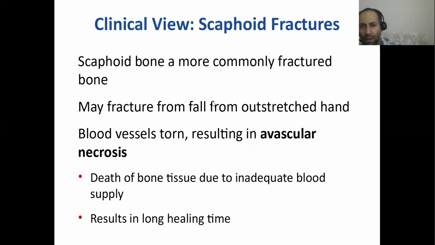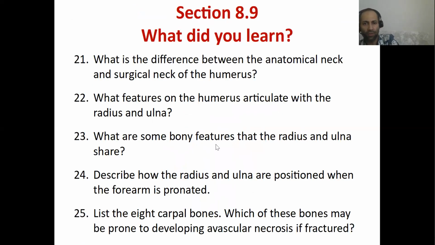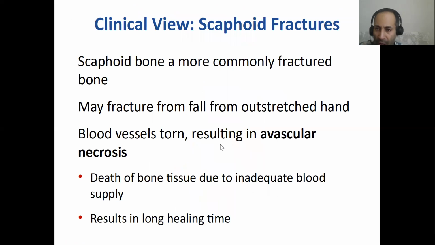They could be pretty hard to diagnose early on at least, but here you're at a far greater risk for something called avascular necrosis, which means breakdown of the bone as a result of lack of blood supply, okay? So this is not only the most commonly fractured, but also one that is at a high risk for avascular necrosis.